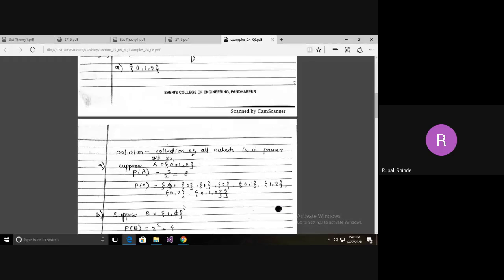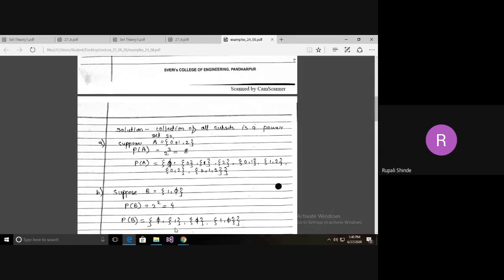Now suppose B is given as {1, 5}. How many elements should be there? 2 raised to 2, that equals 4. Now tell me what those elements are in the power set of B. Again, the first element of the power set is always the null set.